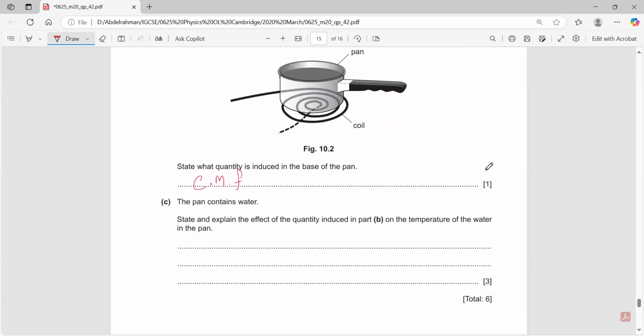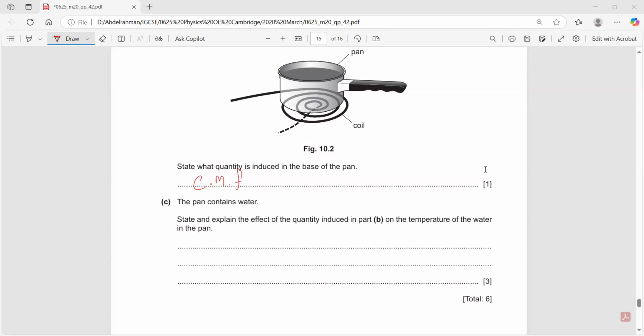The pan contains water. State and explain the effect of the quantity induced in part B on the temperature of the water in the pan. So this EMF, this voltage, what would it do to the temperature of the water? The temperature would increase. Why would the temperature increase? Because of the EMF.